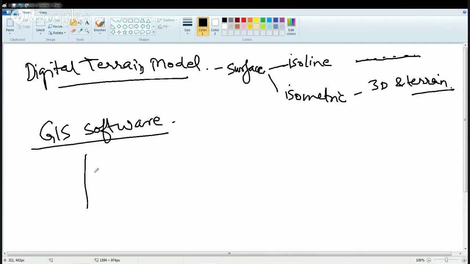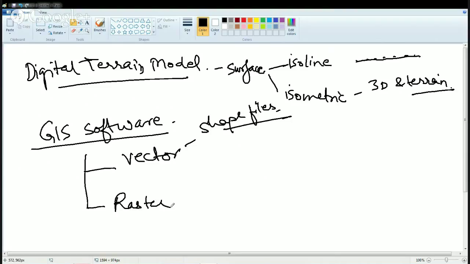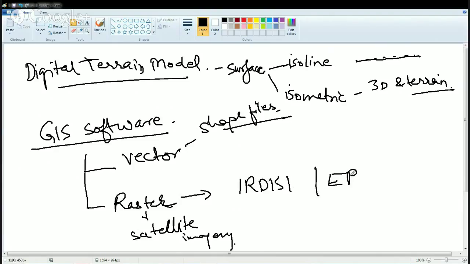So let me divide the GIS softwares into two types. One where you can use vector data, or you have the shape files basically, the most popular format. The next is the raster data or the satellite imageries, for example, the remote sensing data. To use software for raster imaging, the most popular software is UPSC or ADAS.